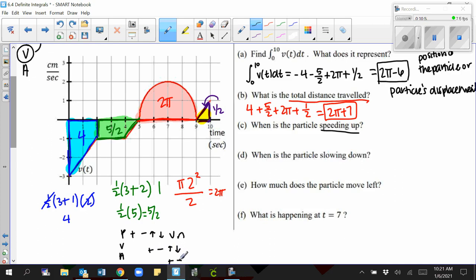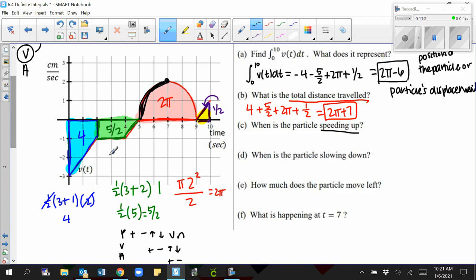I'm looking for where my velocity and acceleration are both positive or both negative. So I'm looking for where my velocity is positive, and if the acceleration is positive, that means my velocity is increasing. So where it's positive and increasing starts here at 5 and goes to that 7 right there. So it's this little part of the semicircle.